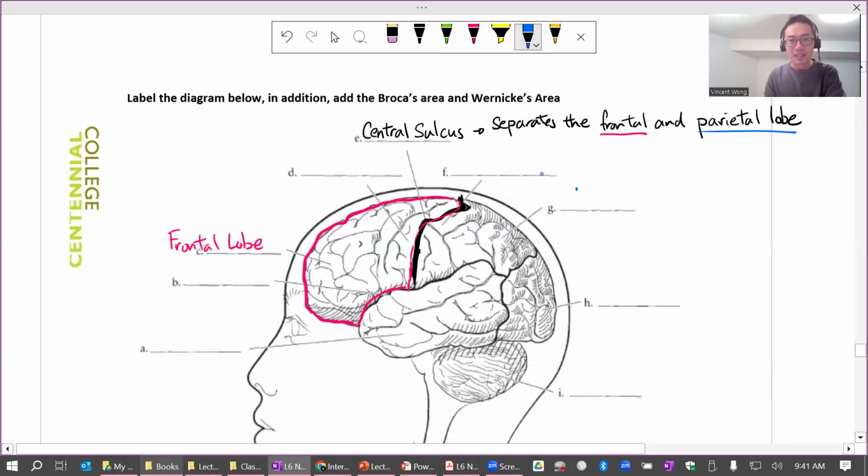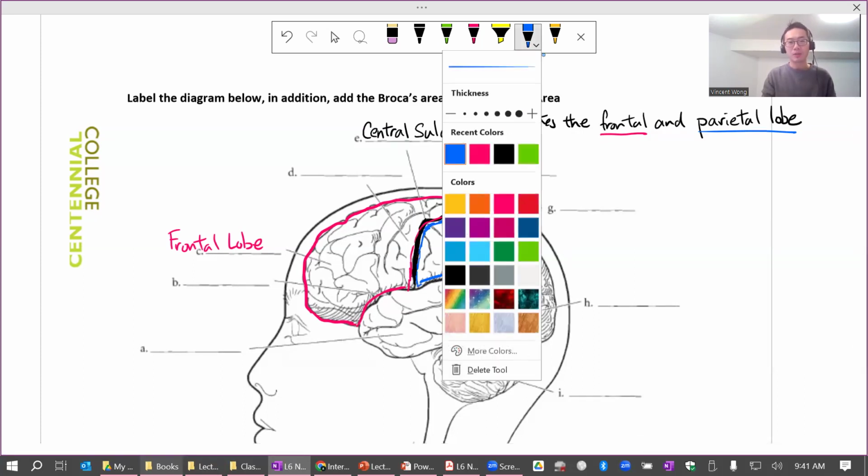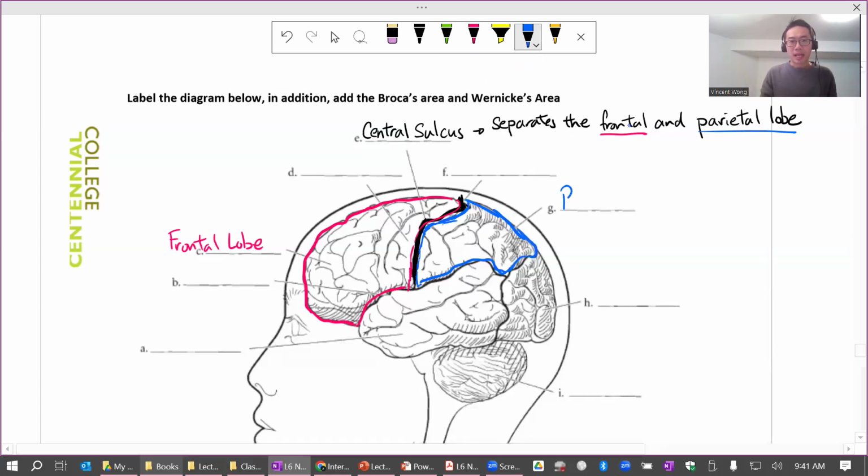The way your brain works in terms of memorizing things is that if you can make a very weird, outrageous connection, your brain is more likely to remember it. But it's different for everybody. You might need to come up with your own example of how to remember it. So that is the parietal lobe.